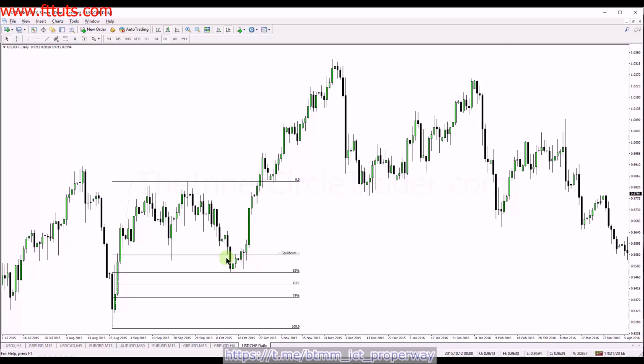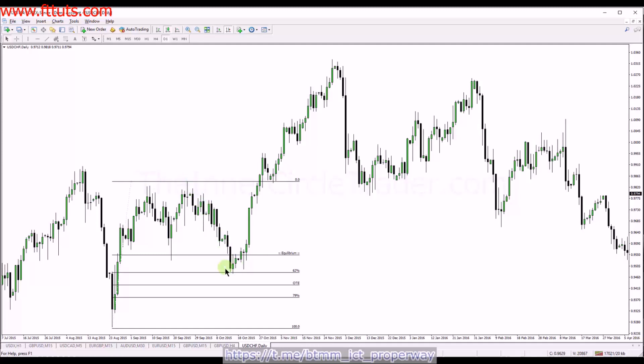When markets go below equilibrium, they do not spend much time below equilibrium, and there's usually a very dynamic price move away from that, especially if the context behind the marketplace is bullish. Now, looking at this framework we have here, we had an impulsive price swing here, a tiny little retracement, came back to equilibrium, rallied one more time, took out the high over here, and then sold off.